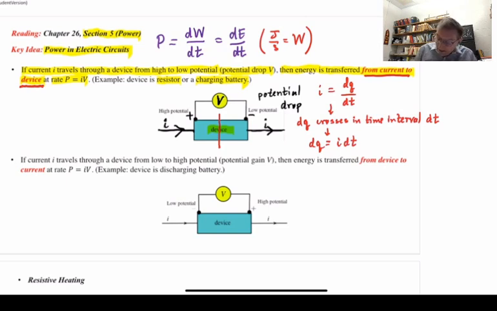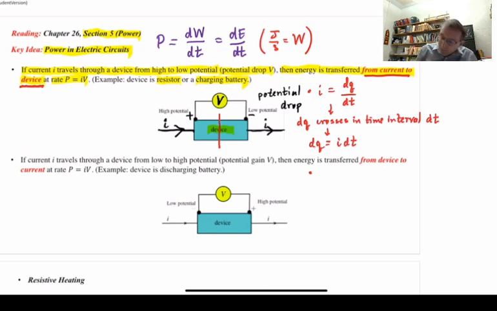That's one idea. Here's another idea. As one of my little amounts of charge dq, which I'm thinking of as having positive charge, remember conventional current, flows from left to right through the device, how much does its energy change?